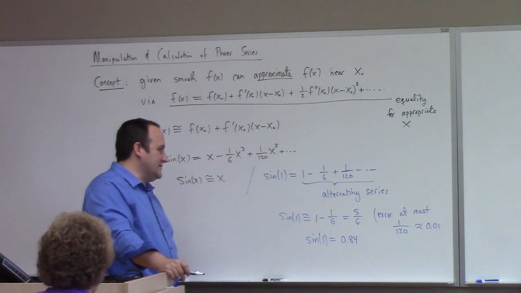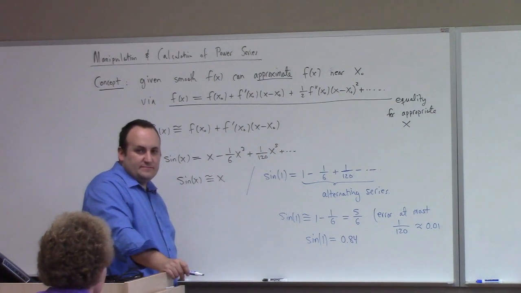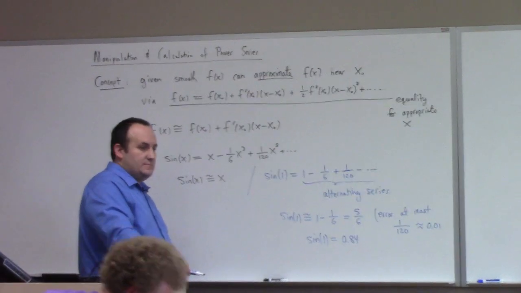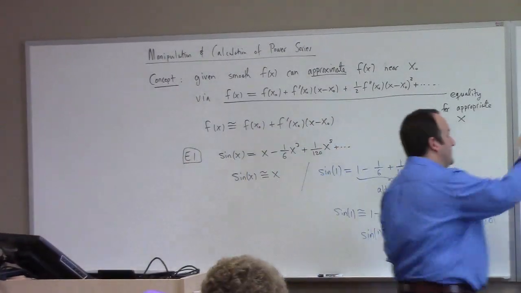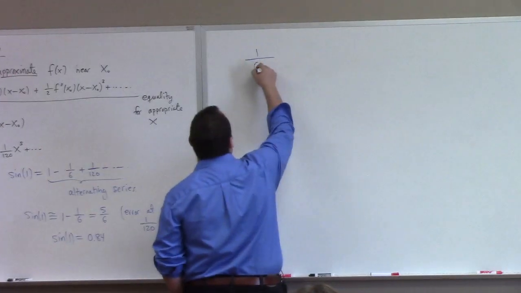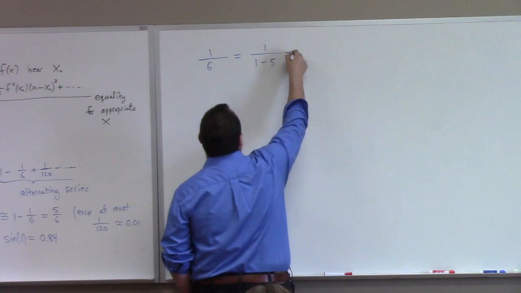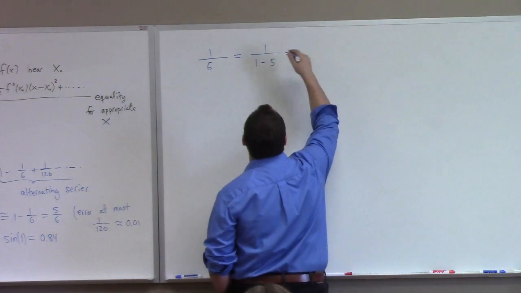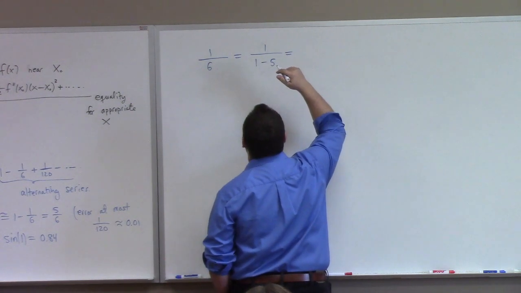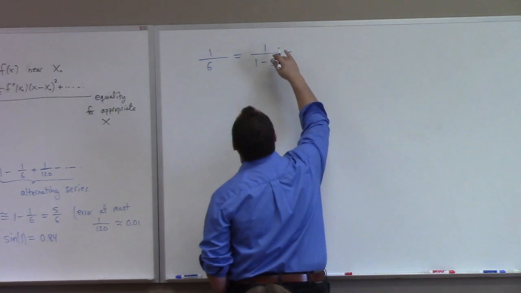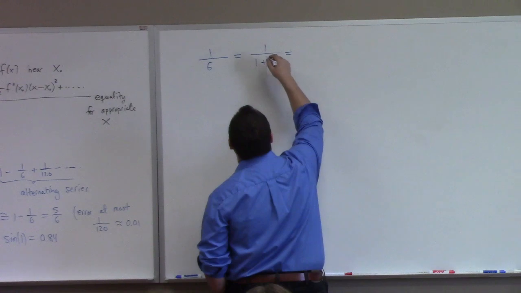What's 1/6? Here's a backwards calculation for you. 1/6 is 1 over 1 minus 5, which is, I can't do math. It's what? 1 plus 5, maybe.